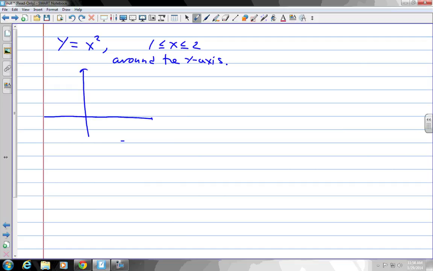So this is just a parabola, nothing fancy. So the points are (1, 1) and (2, 4). So it doesn't have that natural log there. So we just want to do the surface area of that thing. So around the y-axis.